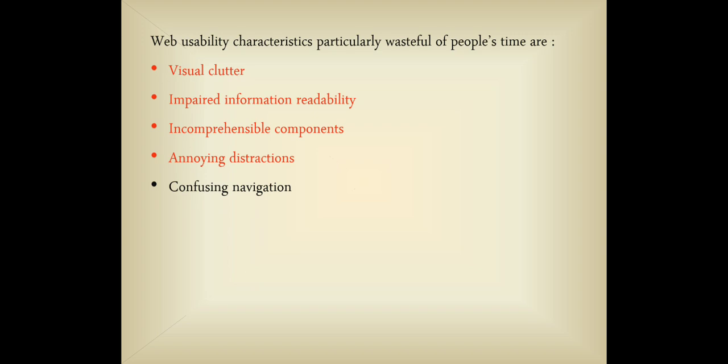Navigation links lead to dead ends from which there is no return, or you are right back at the spot where you had initially started. So confusing navigation violates expectations and results in unexpected behaviors.